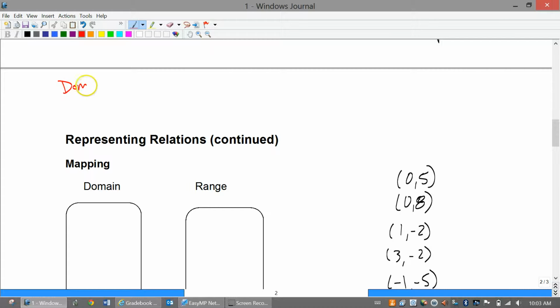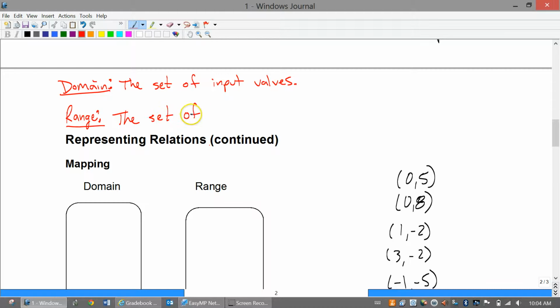Domain: the set of input values, or the set of inputs, you could say. The range: the set of outputs or output values.